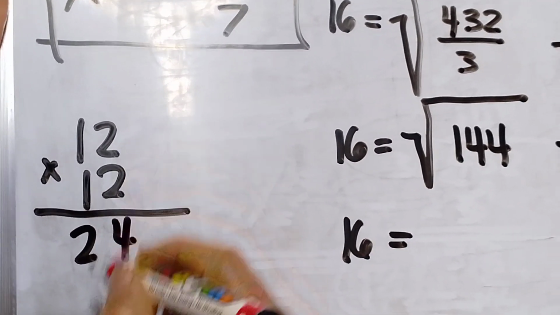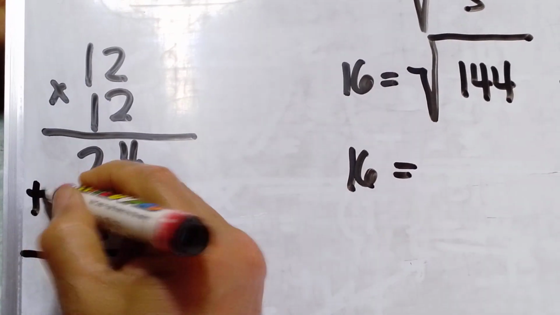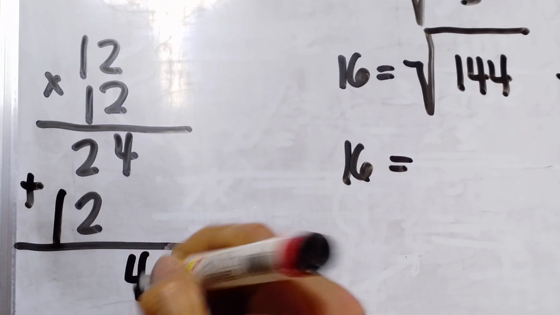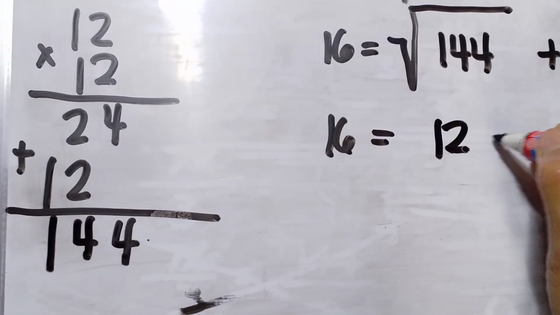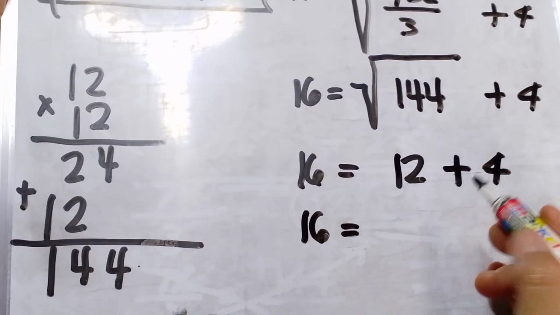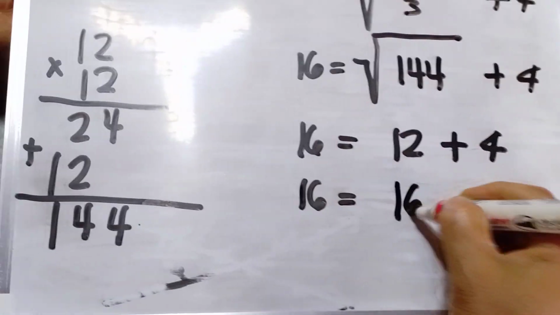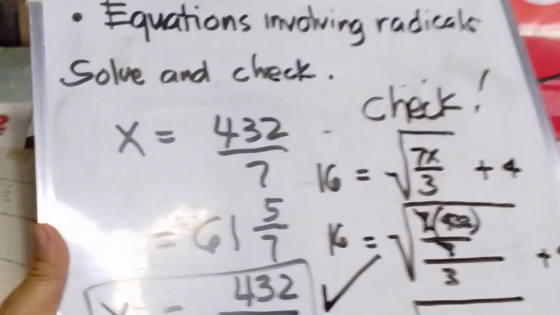Multiply 1 by 2, that is 2, and then 1 times 1 is 1, and then sum up this one. So bring down 4, so you get 4 in here and then 1. So therefore this will be 12 and then plus 4. So 16 is equal to, what is 12 plus 4? This will be 16. So therefore the answer for number 2 is correct because 16 is equal to 16.